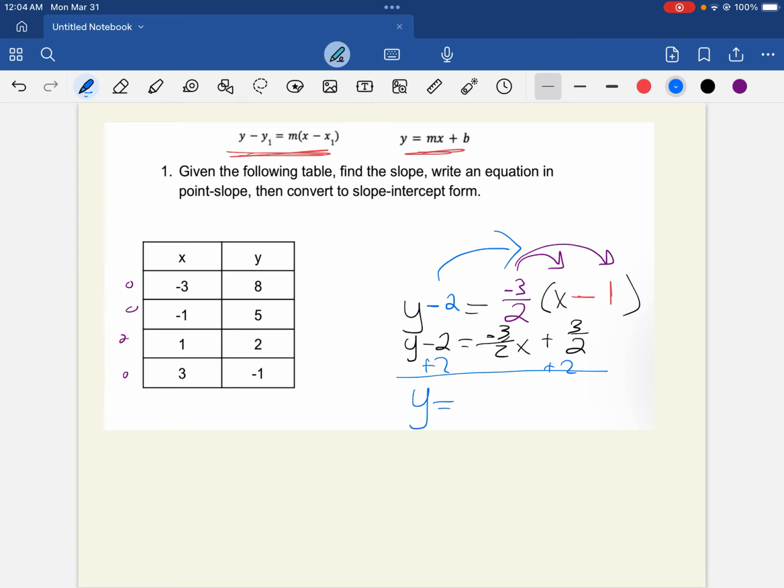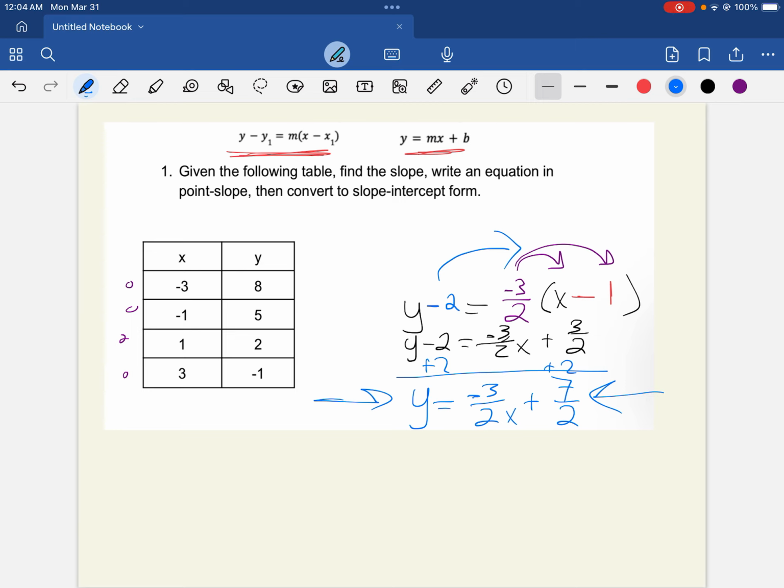And I'm going to have y is equal to -3/2 x plus, I think, 7/2. Let me make sure I write that right. And here's our equation in slope intercept form.